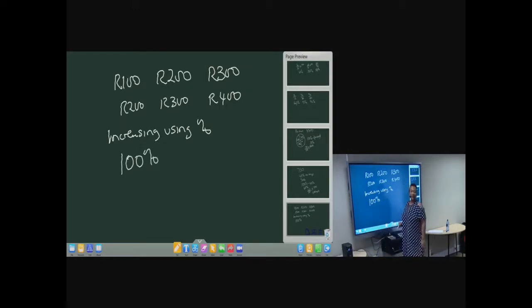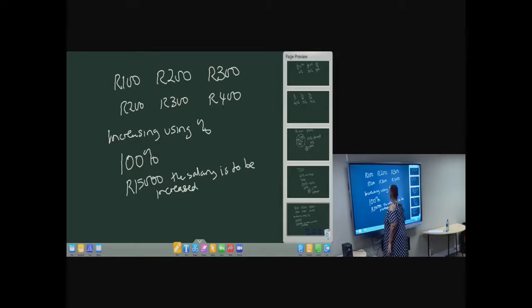And then, let me make an example to say, what do you do with the percentage you are to increase with? Let's say a person is earning 15,000 rands, and now you have been told that the salary is to be increased by 15%.